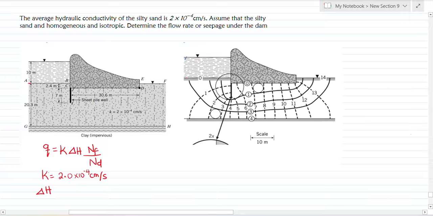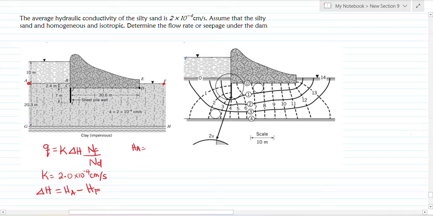The total head loss is given by the total head at the upstream point, that is E, minus the total head at the downstream point, that is F.